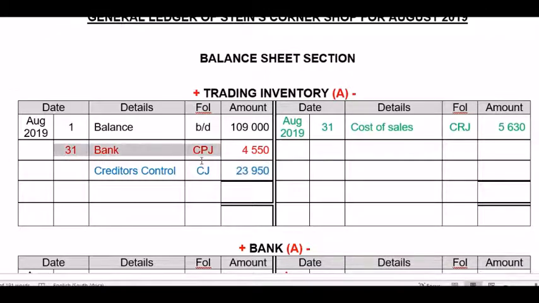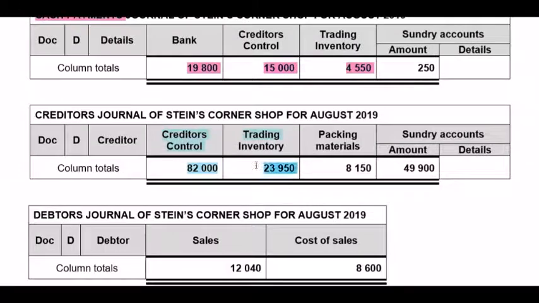It doesn't matter which one of these two you write first, as long as bank CPJ and that value are in the same line, and creditors control CJ and that value are in the same line, that's fine, because both of them took place at the end of the month. So you can swap these two around. Then if you look at your CJ, we don't care about anything else in the CJ.